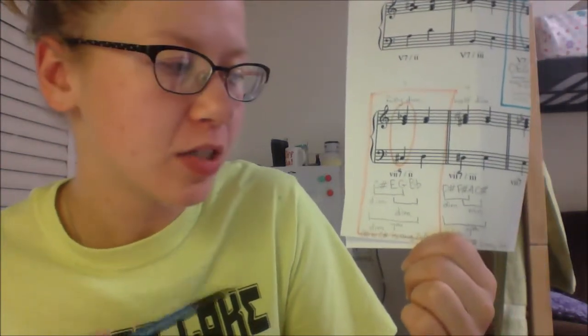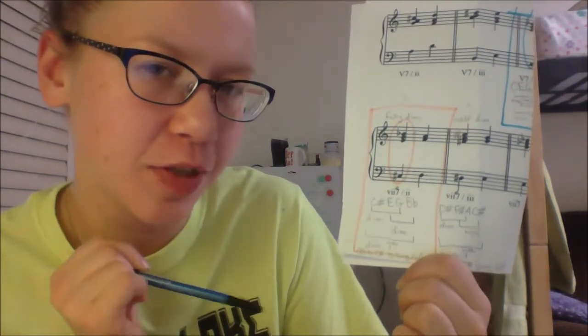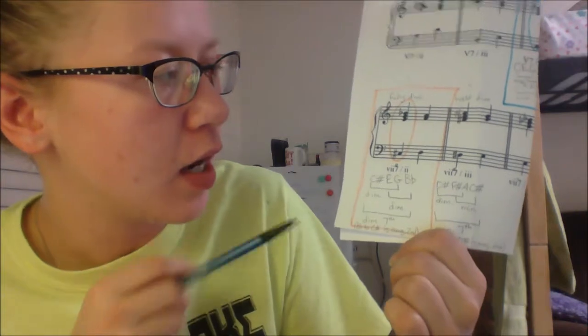Diminished 7 chords occur on the 7th degree of a scale, so you make it a 7, diminished 7. They forgot the diminished 7 on the computer, so I wrote that in. And then you have to figure out what is the bottom part.